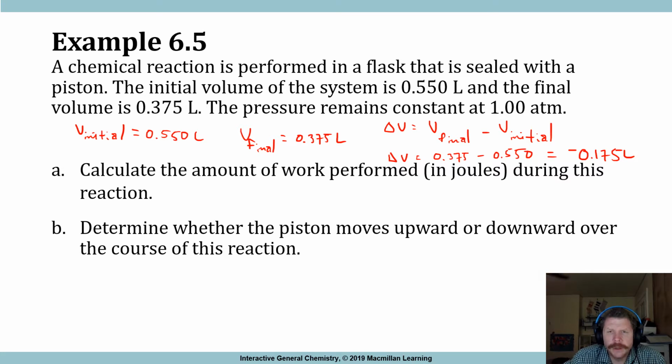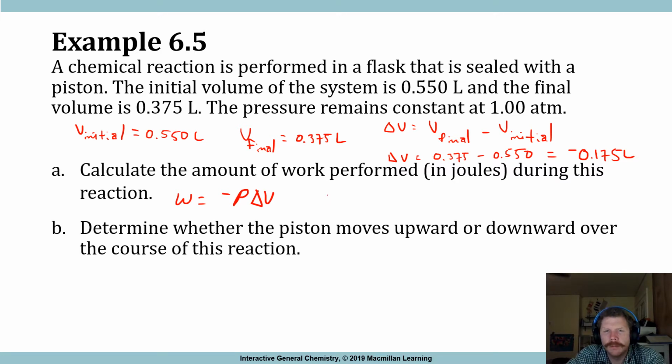Okay, now we'll use that in just a second. Calculate the amount of work performed in joules during this reaction. My equation for that is as simple as W is equal to negative P, our pressure, times our delta V. Because the problem gives initial and final pressures and volumes, I wanted to get that information.